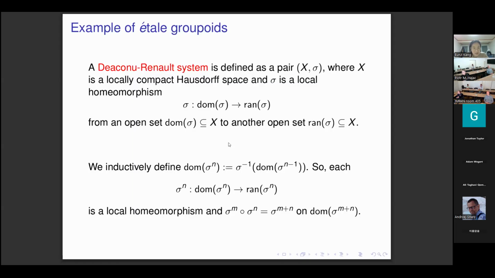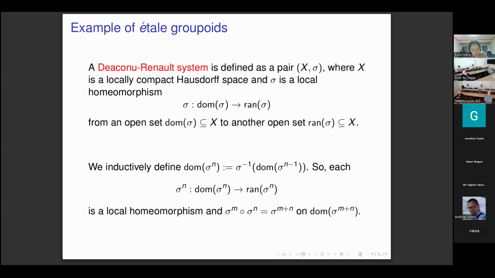Yes, here is one example of an étale groupoid. A dynamical system is a pair (X, sigma), where X is a locally compact Hausdorff space, and sigma is a local homeomorphism from one open set, the domain of sigma, to another open set, the range of sigma.